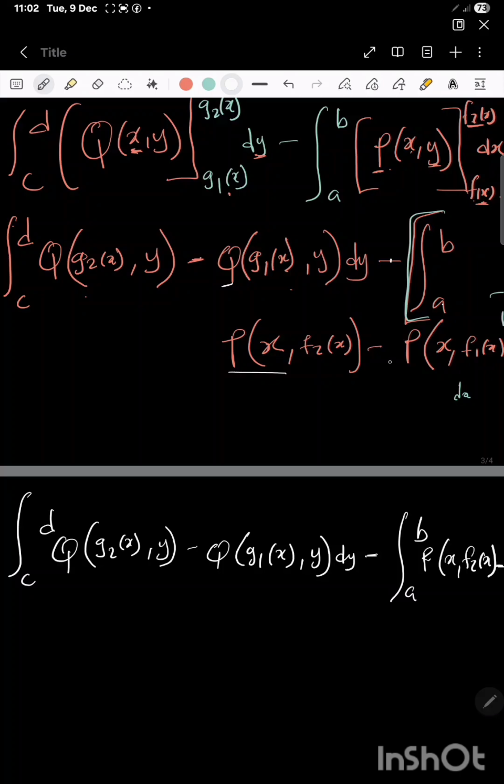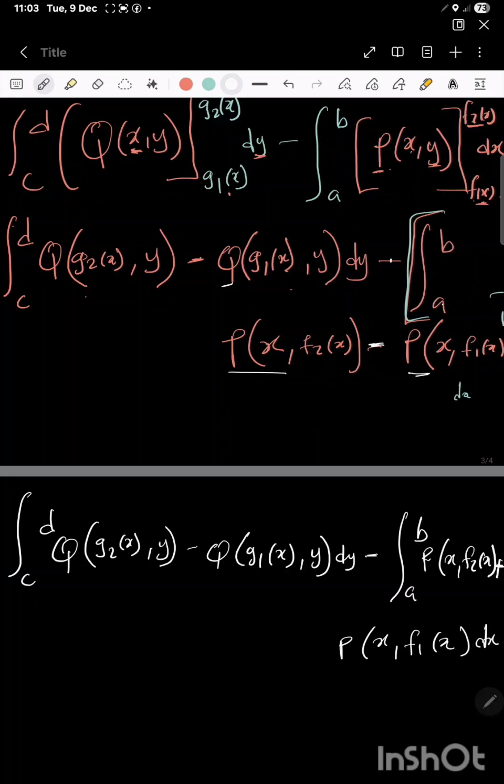Remember, when you are distributing the negative, you multiply this negative times this negative, and you get a positive, which gives you a plus. So plus this function here, which is P of x comma f1 of x. All right, and then at the far end we have the dx.